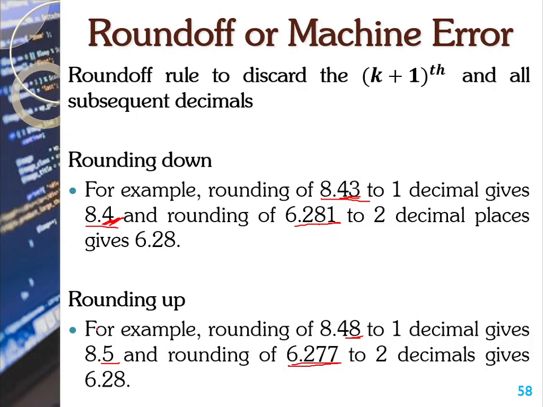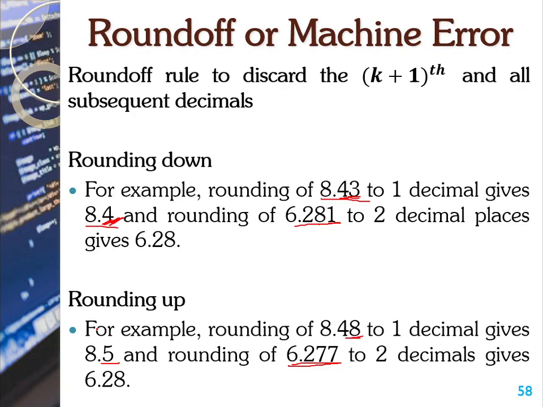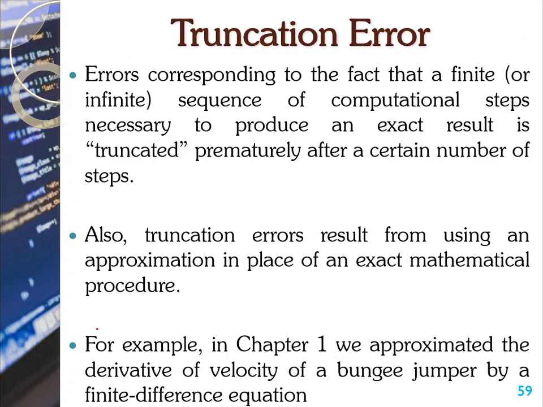So we are going to round down or round up based on the decimal place that we are interested in. Basically, that is how round off errors are seen, and because we are just rounding off numbers and rounding off numbers, we are bound to incur some error in there. Now let's look at the opposite side of the error, which is truncation error.